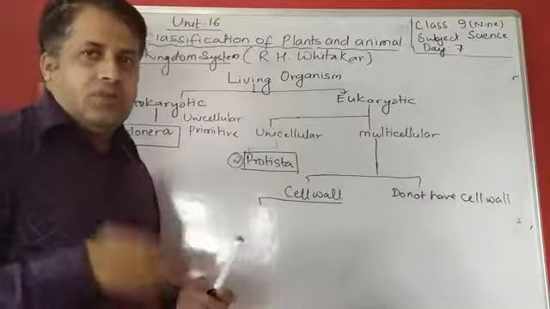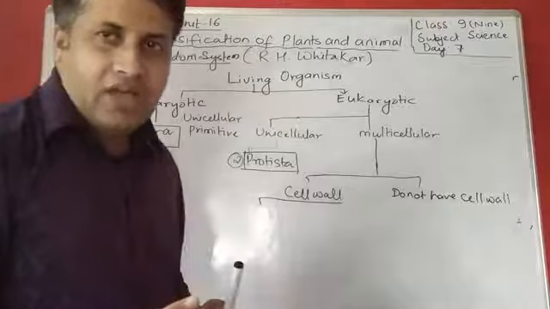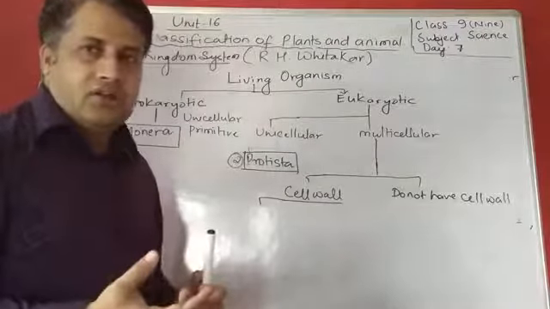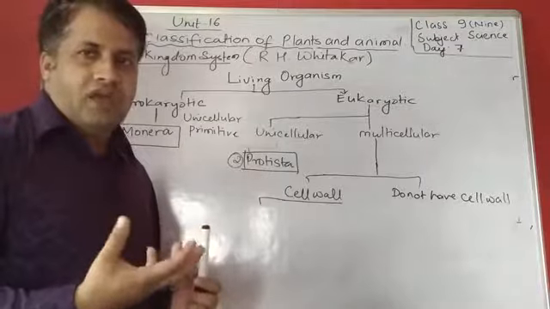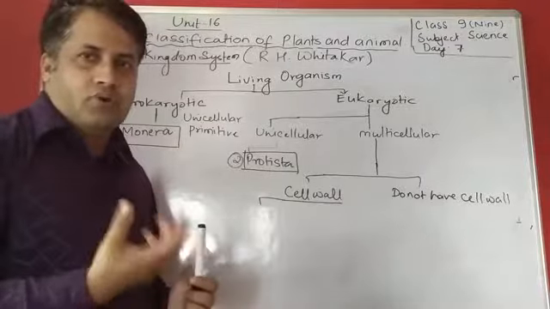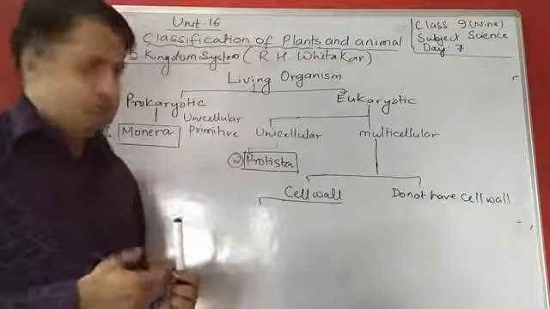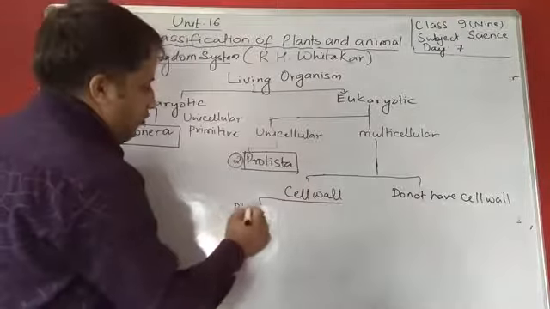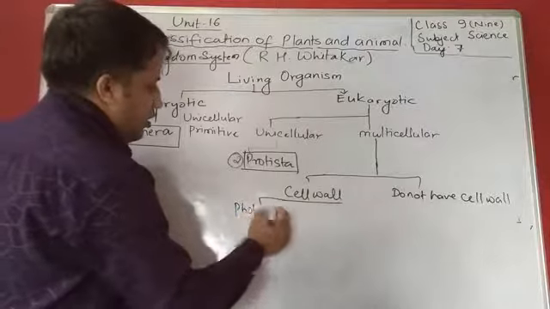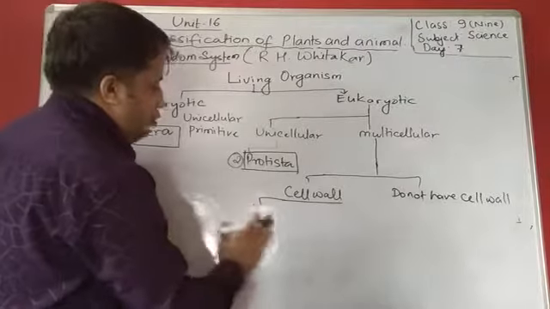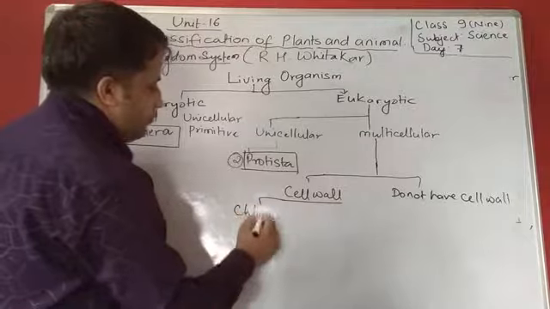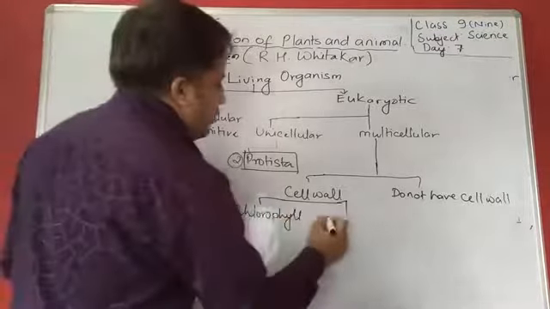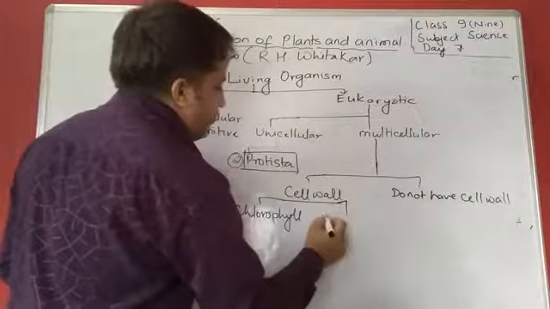Okay, whether they are autotrophic, having chlorophyll in them, or heterotrophic, not possessing chlorophyll in them and depending upon the autotrophs for their food. So he divided the organisms into those showing photosynthesis, or you can say which have chlorophyll, and which do not have chlorophyll.